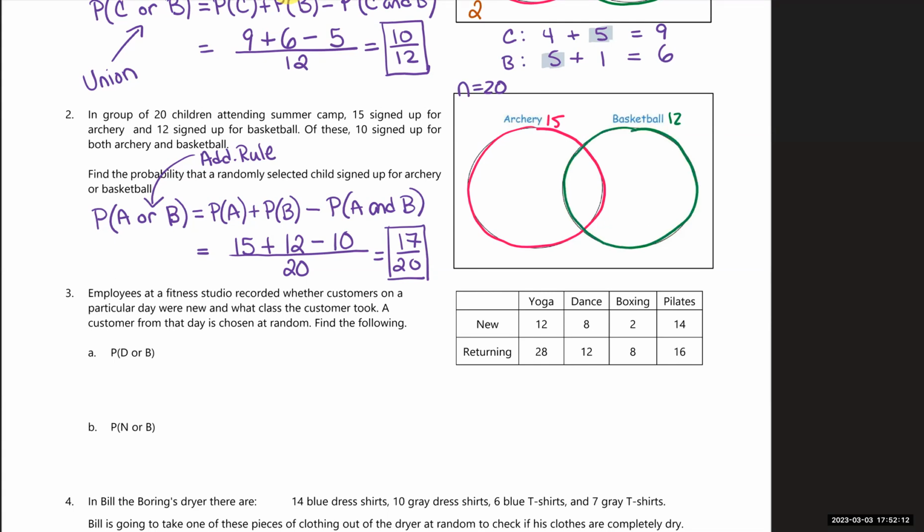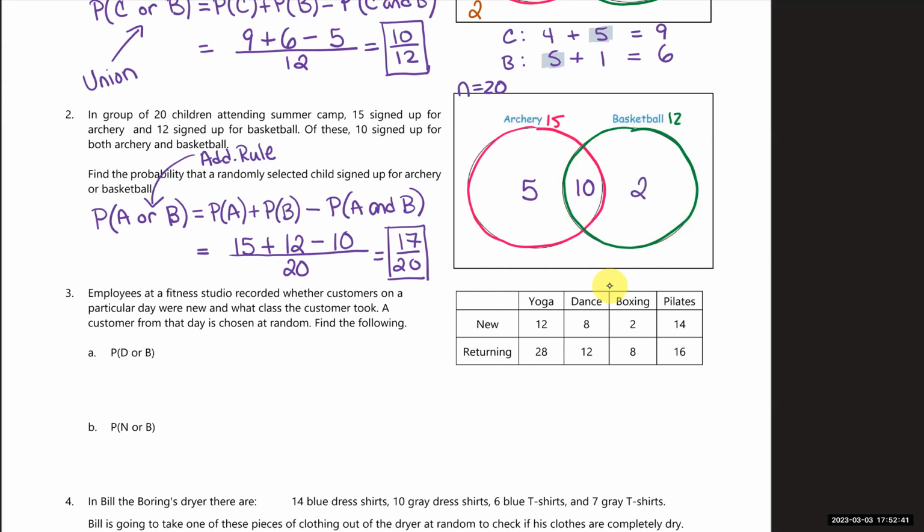And I know that there were 10 children that were in both of those circles, both of those events. So again, if I just want to finish the Venn diagram, in my archery circle, I have 10. I need 15. So 15 minus 10 would leave me another 5 people to fill out the archery circle. And then basketball is 12. I already have 10, so I'm going to need 2 more.